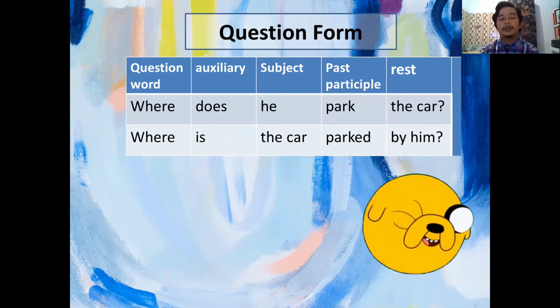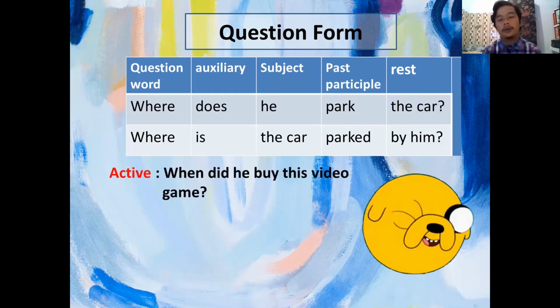Okay, question word, for example where, auxiliary does, the subject, is he or the car, plus past participle plus the rest. The rest, jadi sama saja dengan object. Sorry, it is the subject. Okay.